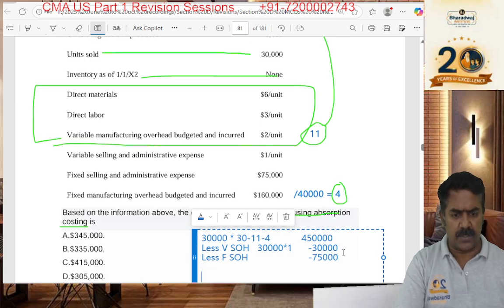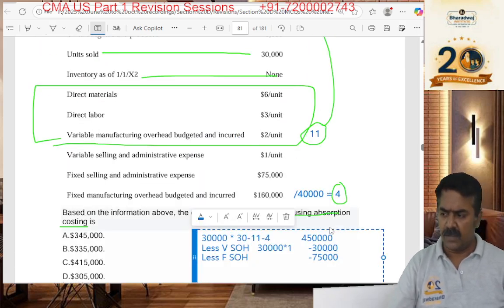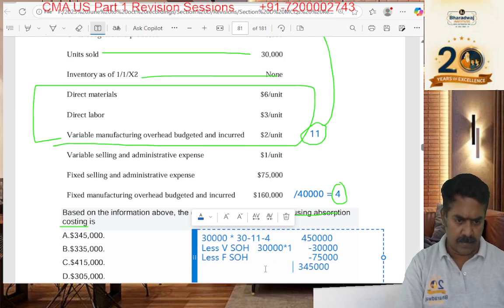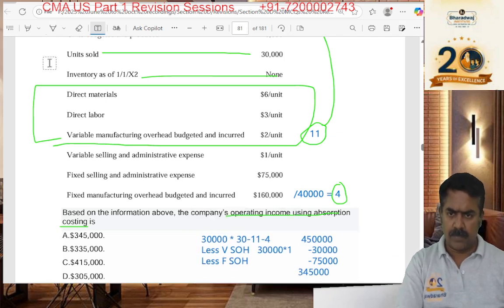Reduce this, you'll get operating income. 3 lakh 45,000. Option A. Any doubt in it? No, sir.